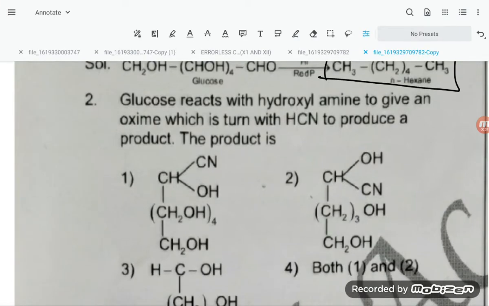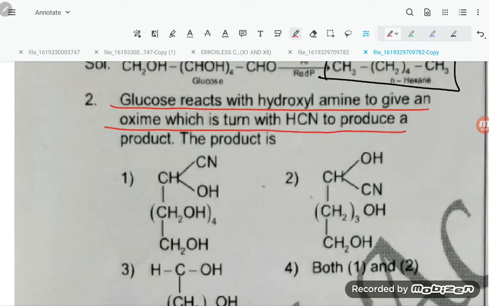Now question number 2, students. Watch out for question number 2. Glucose reacts with hydroxylamine to give an oxime, which is treated with HCN to produce a product. What they are saying is HCN, so it will give the cyanohydrin.